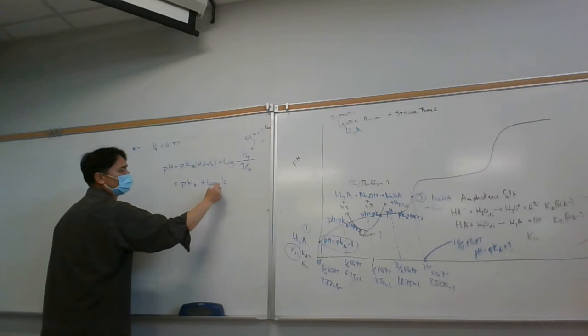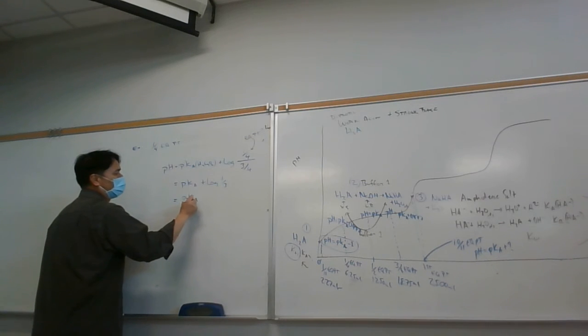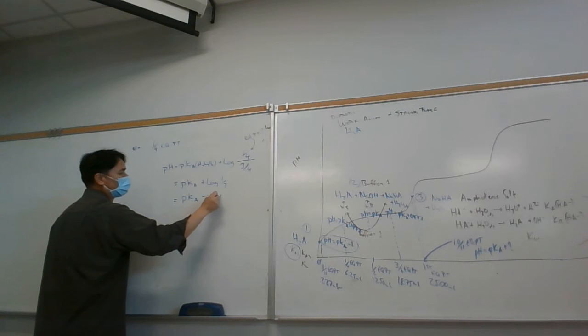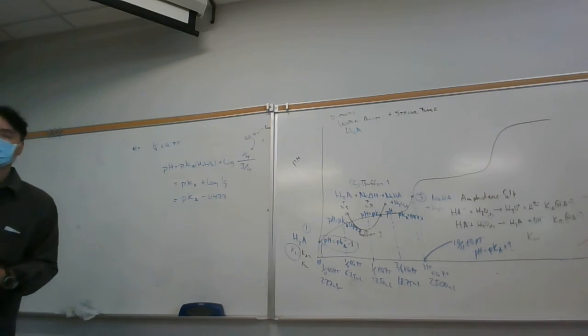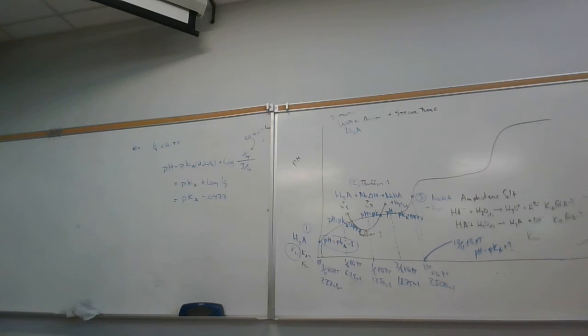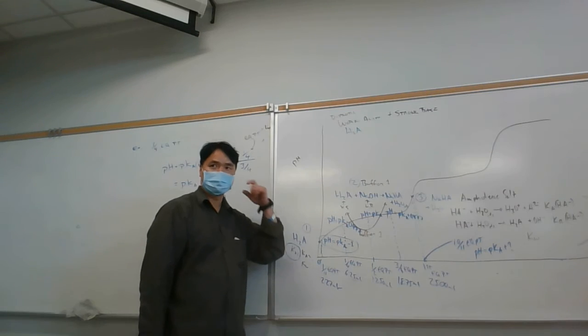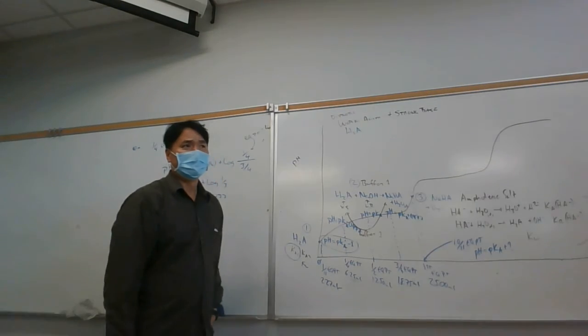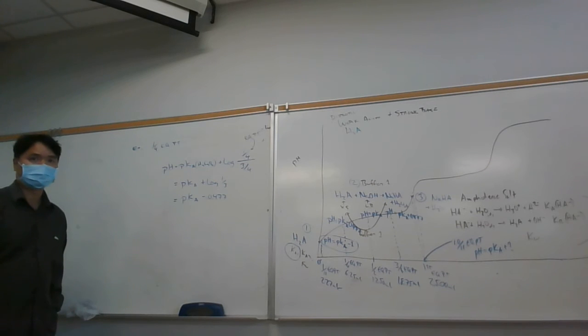What's the log of 1/3? It's negative 0.477. So that's how I got this number here, pKa minus 0.477. That's the shortcut. We could do the long way too. The long way works fine, and we get the same answer.